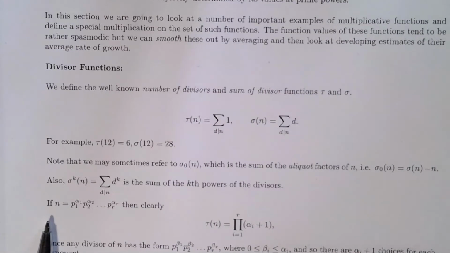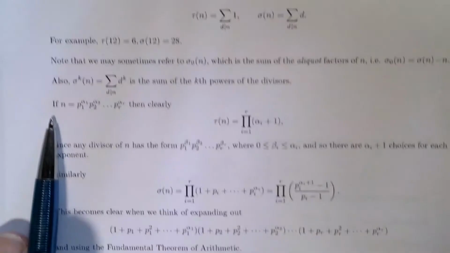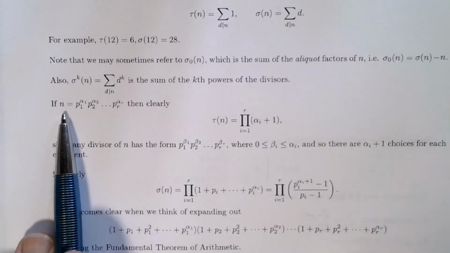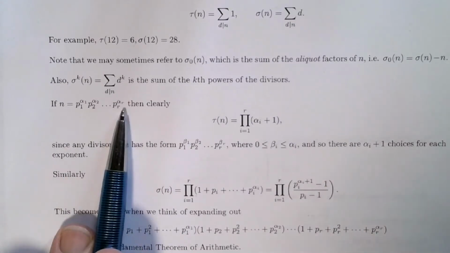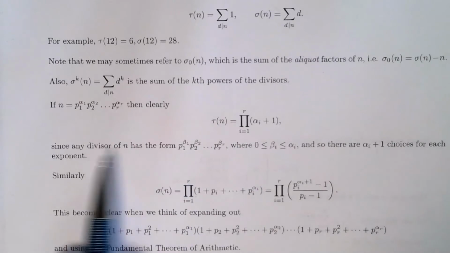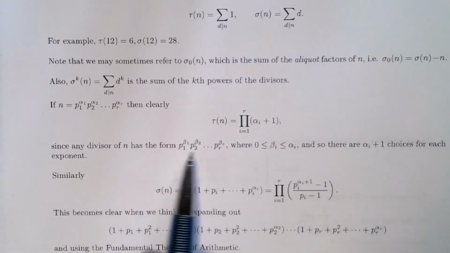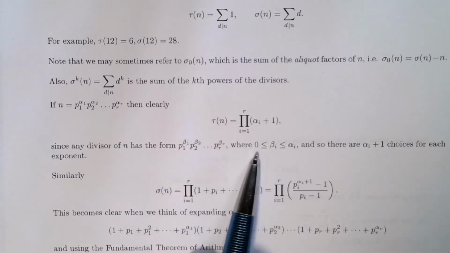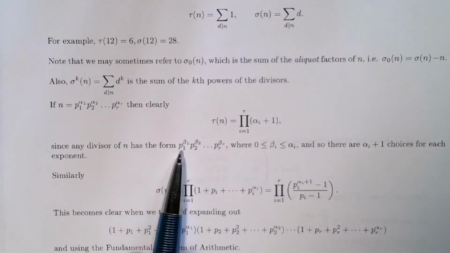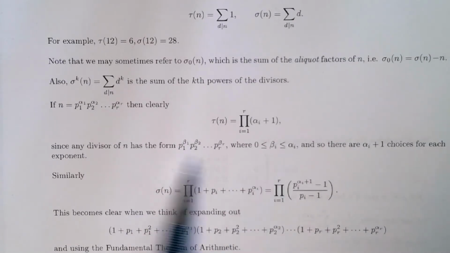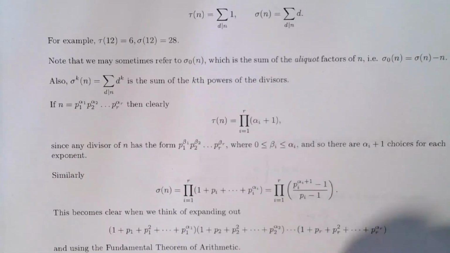Now we'd like to get some formulae for these fairly quickly, and here this is very easy. If we take any integer n and uniquely factorise it, then it's pretty clear that we've got a nice formula for tor of n, because any divisor of n will have this shape, and these beta i's could be 0 because we might not be counting this prime amongst the factors, but the maximum each of the beta i's is going to be is the corresponding alpha i.